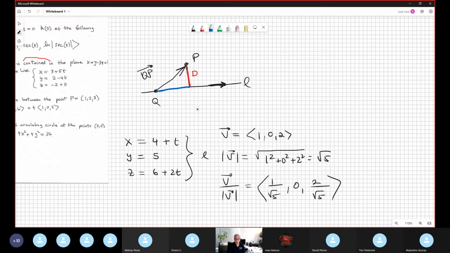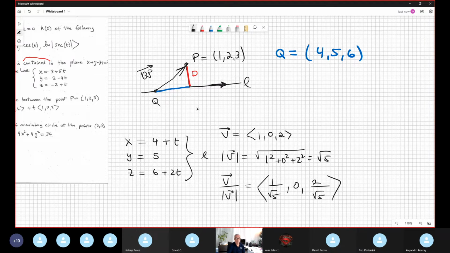You find the vector PQ. Who is Q, first of all? Well, Q is, for example, I assume t equals 0, any value of t. Q is the point 4, 5, 6. And P is given. P is 1, 2, 3.